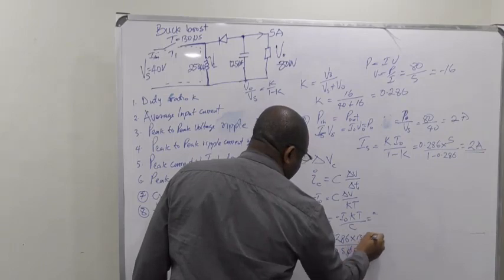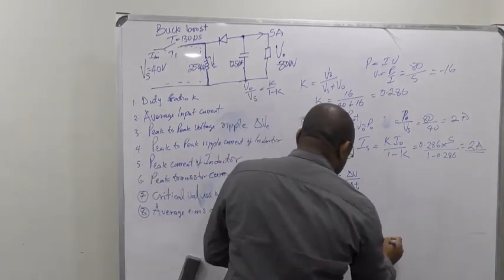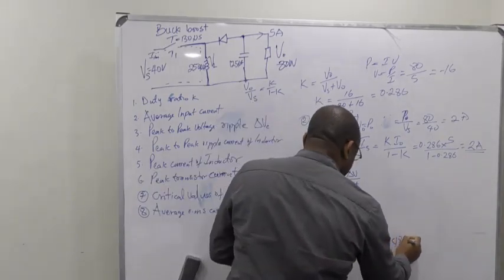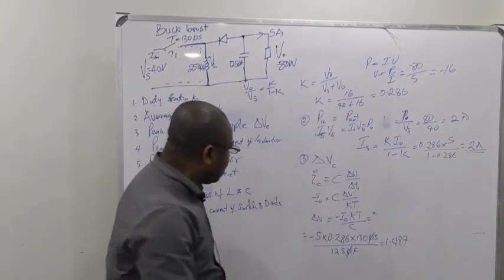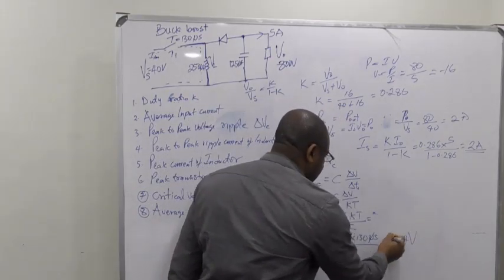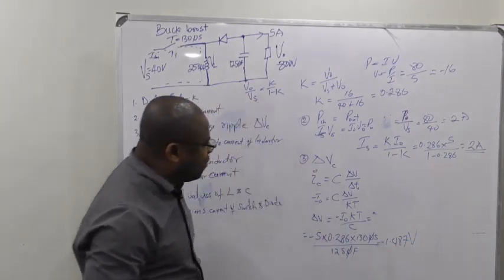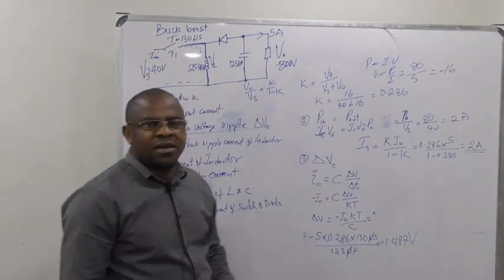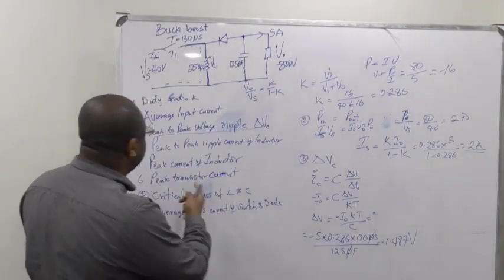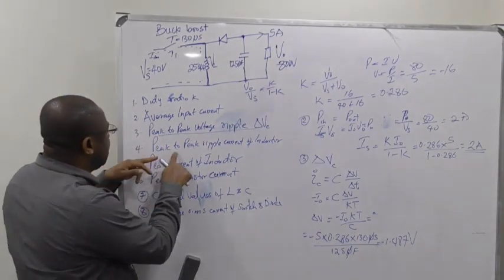The micros cancel out, and we get 1.487 volts, minus 1.487 volts.